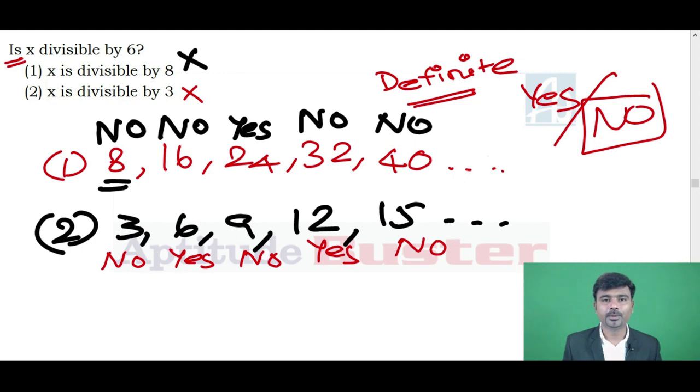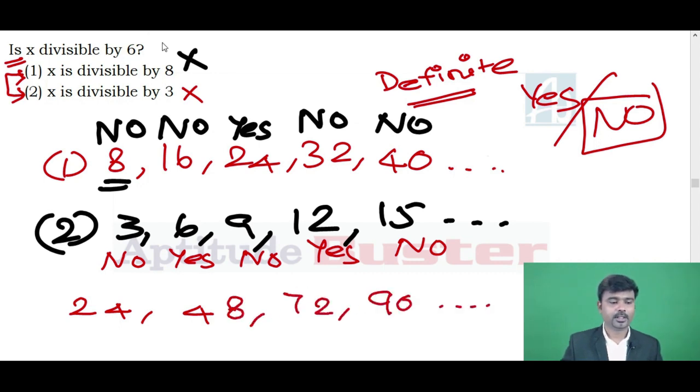What we need to do? Combine these two statements. x is divisible by 8, x is divisible by 3. First example is 24. Next one is 48. Next one is 72. Next one is 96.